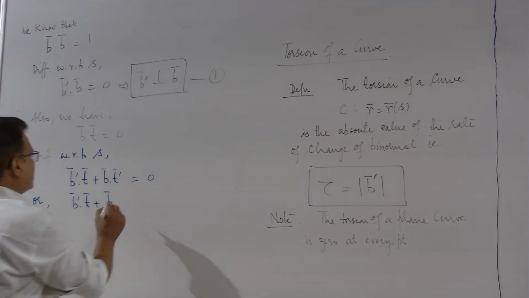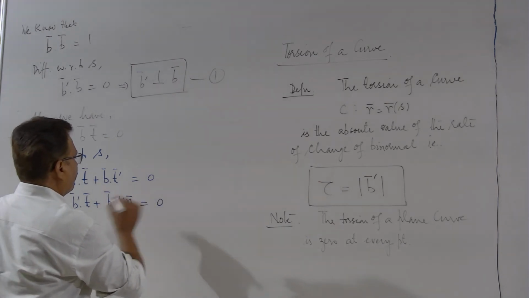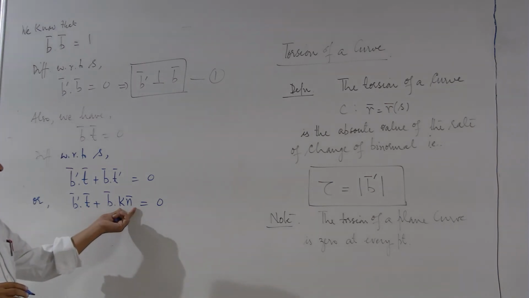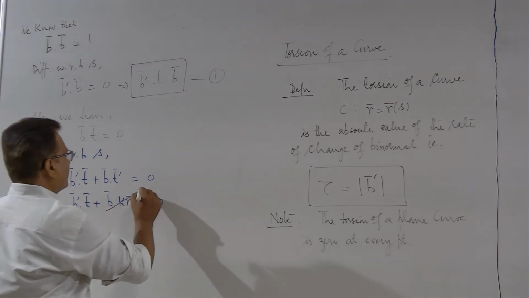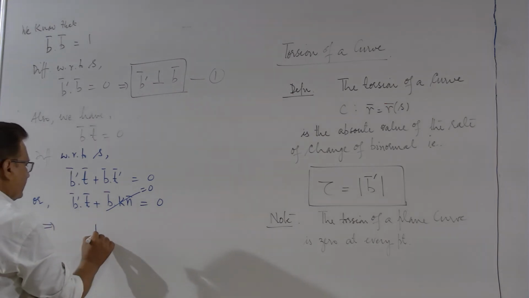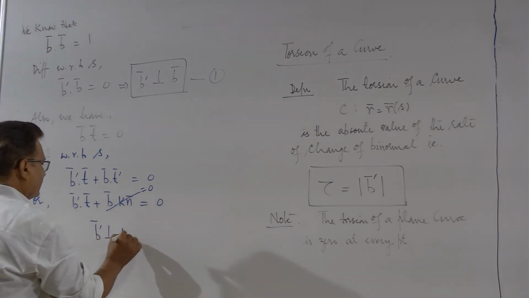So, this is k n. Now, this is a vector parallel to n and which is perpendicular to b, and therefore, this dot product will be 0. So, what you get from here is that b dash is perpendicular to t.